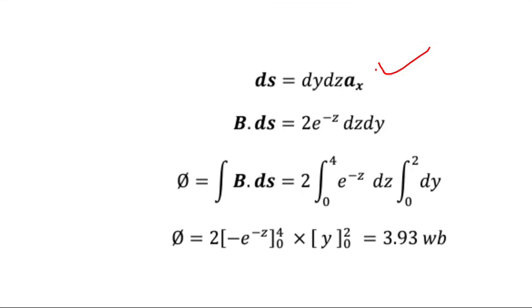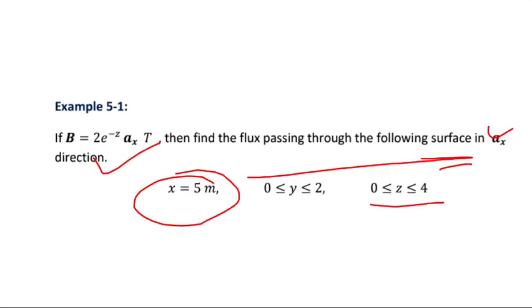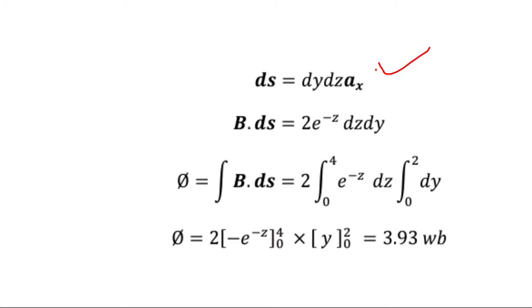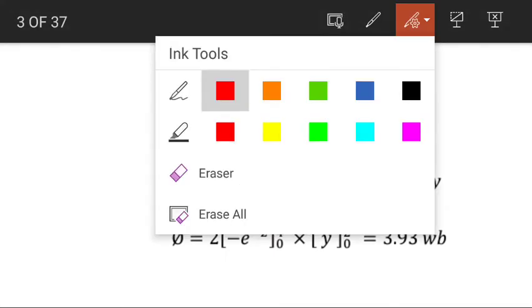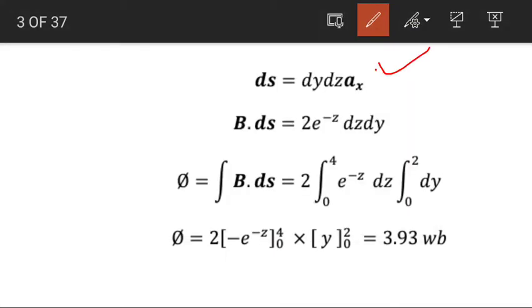You see, the magnetic flux density is 2e raised to power minus Z AX. So the scalar product B dot ds results in 2e raised to power minus Z dz dy.